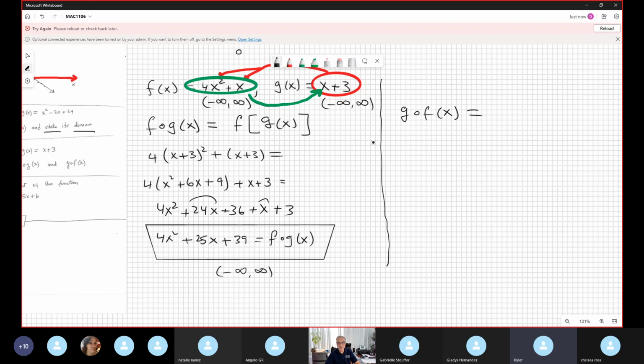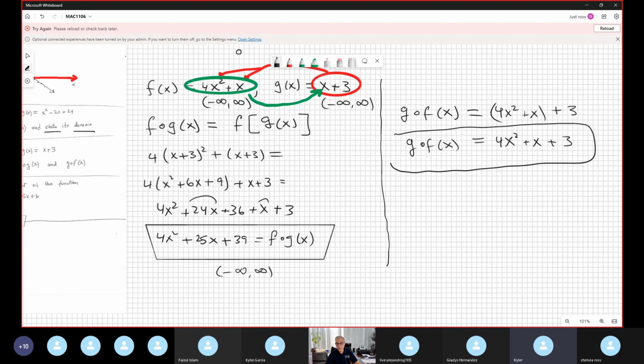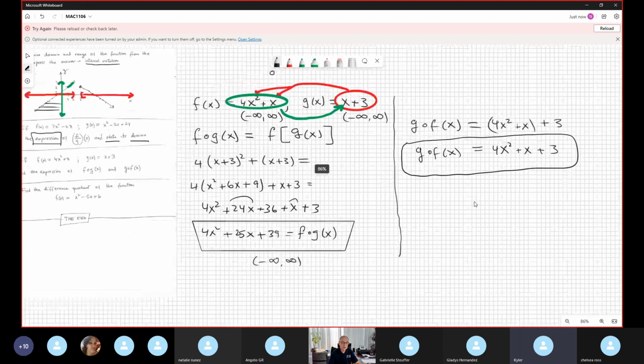So basically x, replace x for this, 4x squared plus x. If you want, you put the parentheses, but not necessary in this case. It's 4x squared plus x. That's g composition f. Final answer. And number 21.